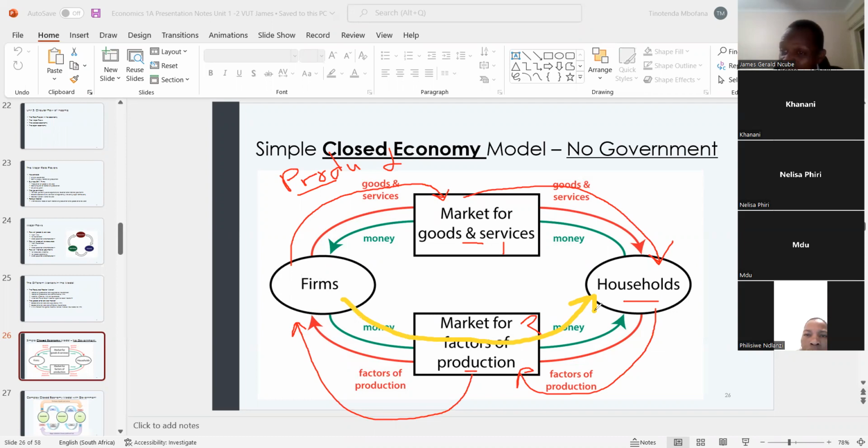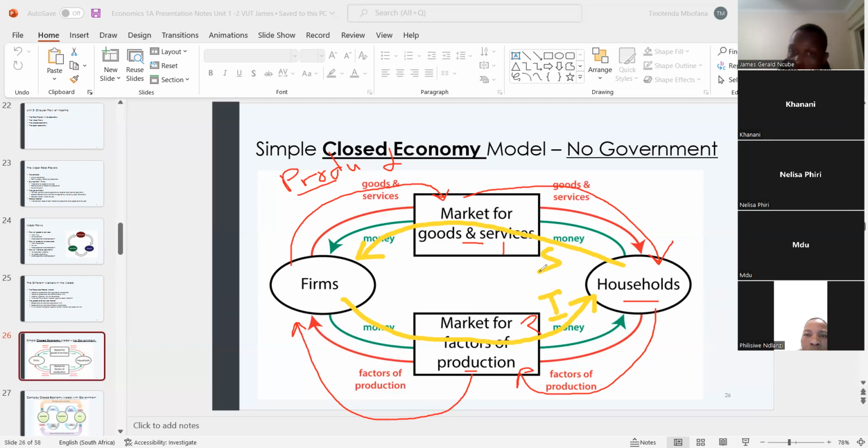Rentals, interest, profit, and wages. Those are the 4 incomes. So they have to pay income for the factors of production. And when the households get that income, what do they do? They spend. So this gives us the income flow and the spending flow, which are our 3 key flows.